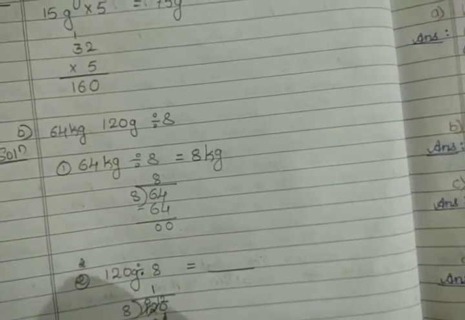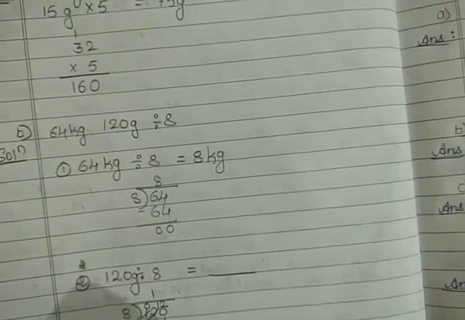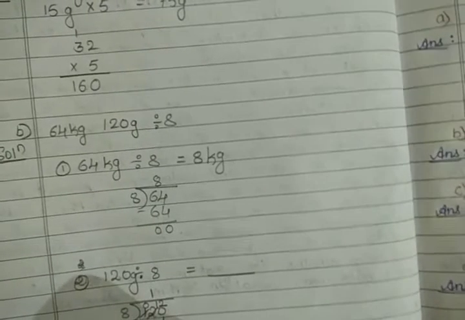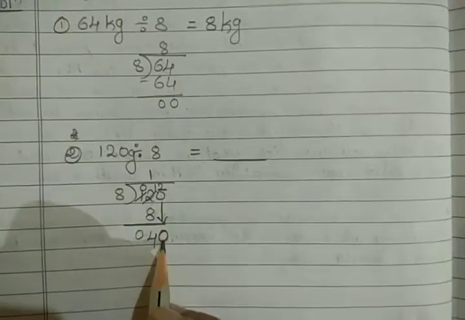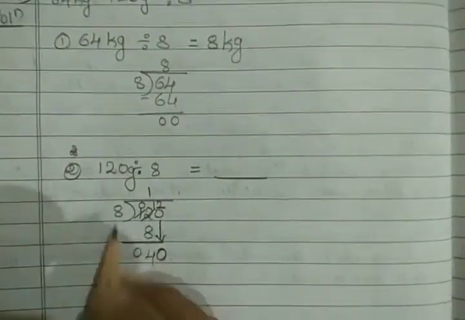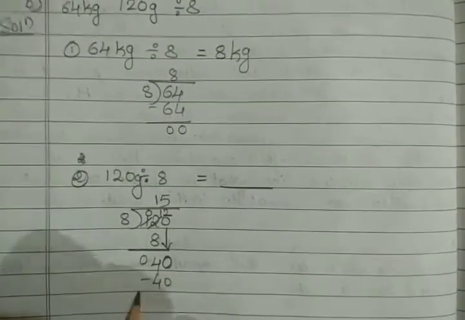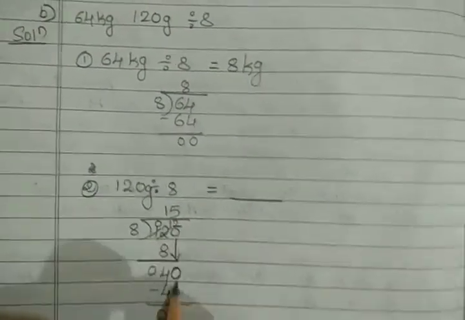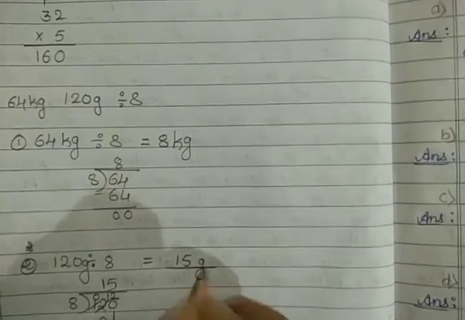Then the next 0 we need to take here down. 8 5s are 40. Subtract the numbers. 40 minus 40 is 0. So your answer is 15 and it is in grams.